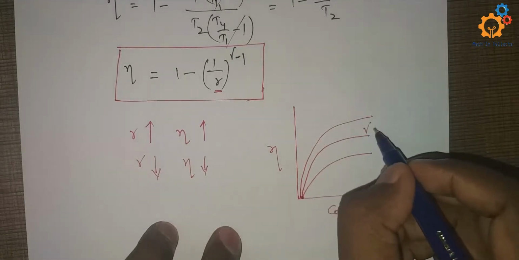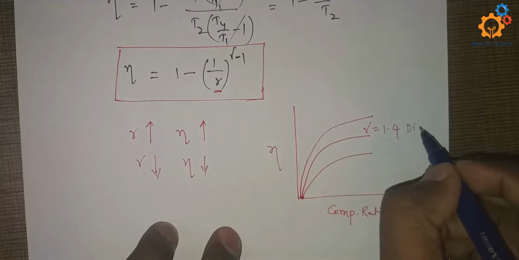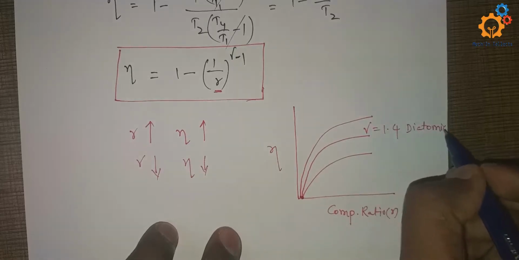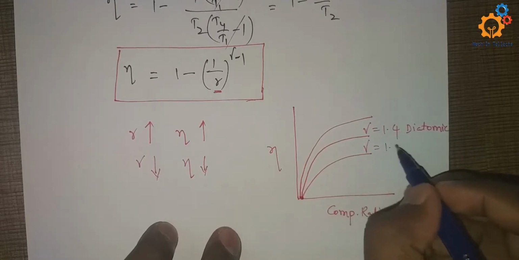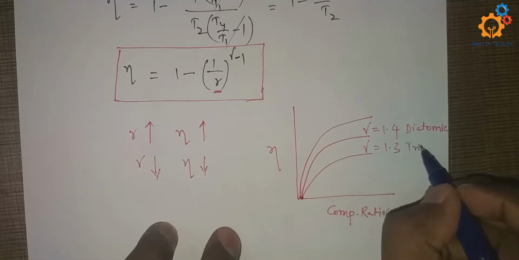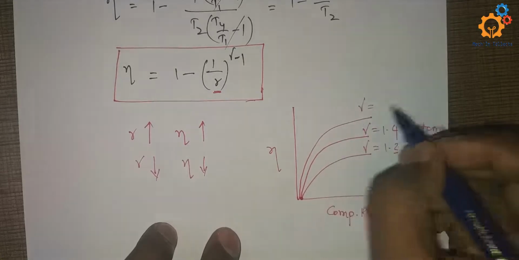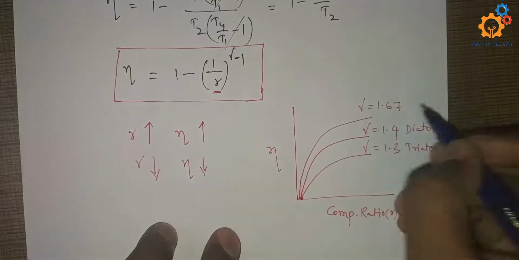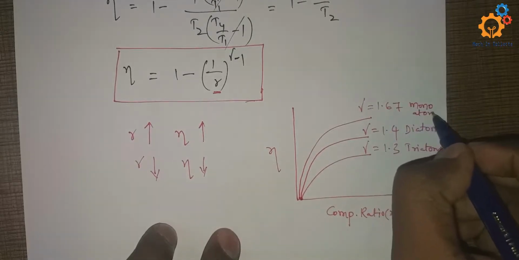This is gamma equal to 1.4 for diatomic gases, gamma equal to 1.3 for triatomic gases, and gamma equal to 1.67 for monoatomic gases.